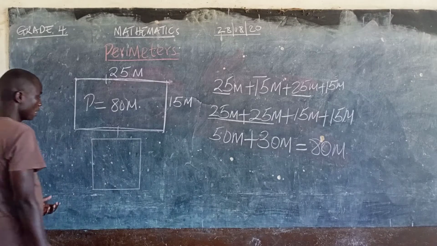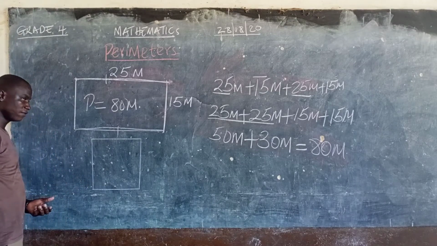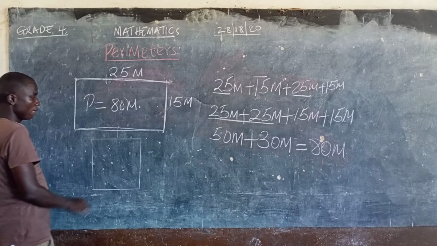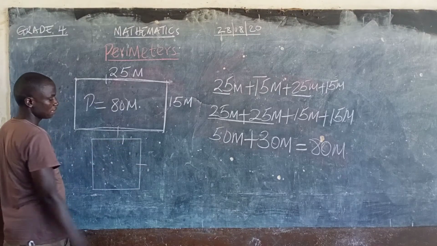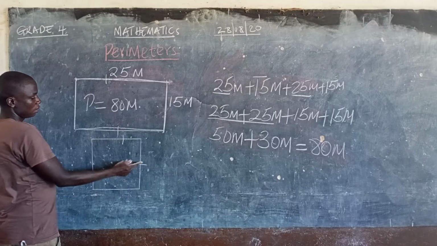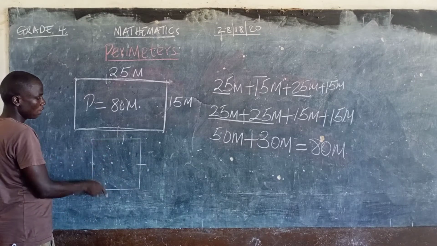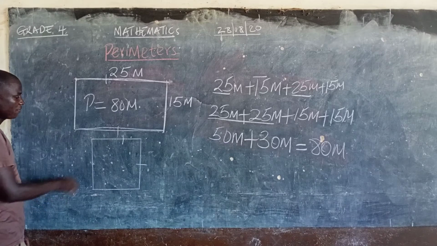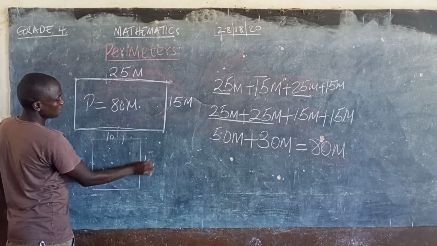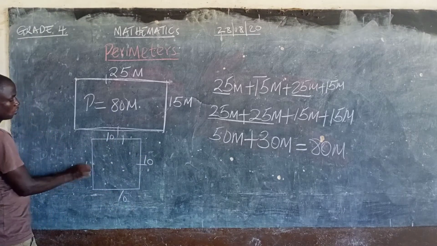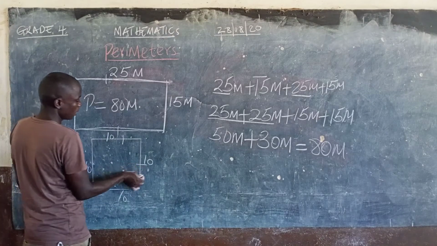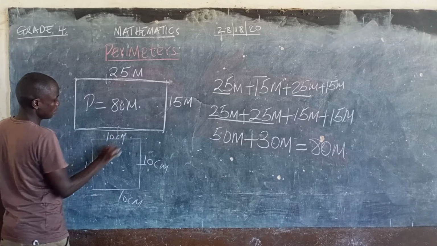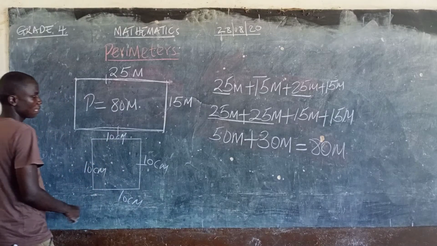What is a square? A square is a four-sided figure that all sides are equal. What do I mean? This side and this side are equal. This side too. All sides are equal. They have the same measurement. If here is 10, that means here is 10, here is 10, here is also 10. The unit may be 10 centimeter, 10 centimeter, 10 centimeter, 10 centimeter.